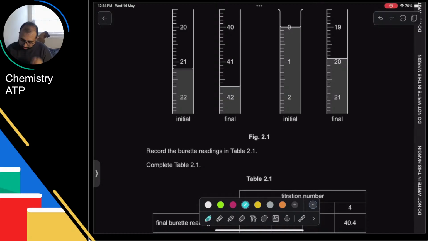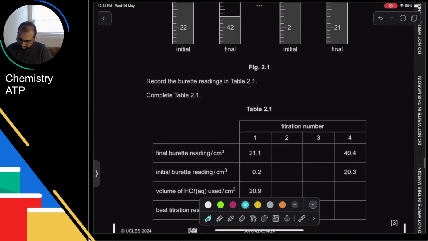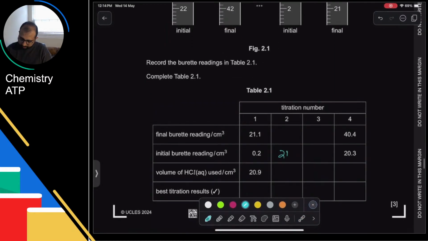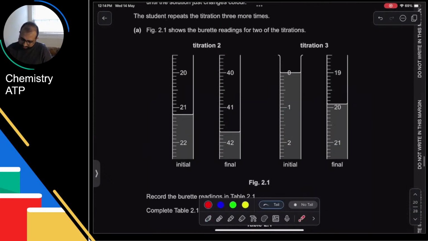What are the burette readings? Over here, again, notice that it is increasing from top to bottom. So bottom to up or top to bottom, you have to be careful whenever you're reading. This is top to bottom, so the starting value is 21.2, and the ending value is 41.7.